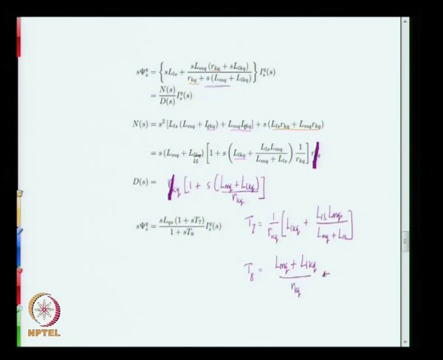So, this term is nothing but the quadrature axis damper time constant that you have.